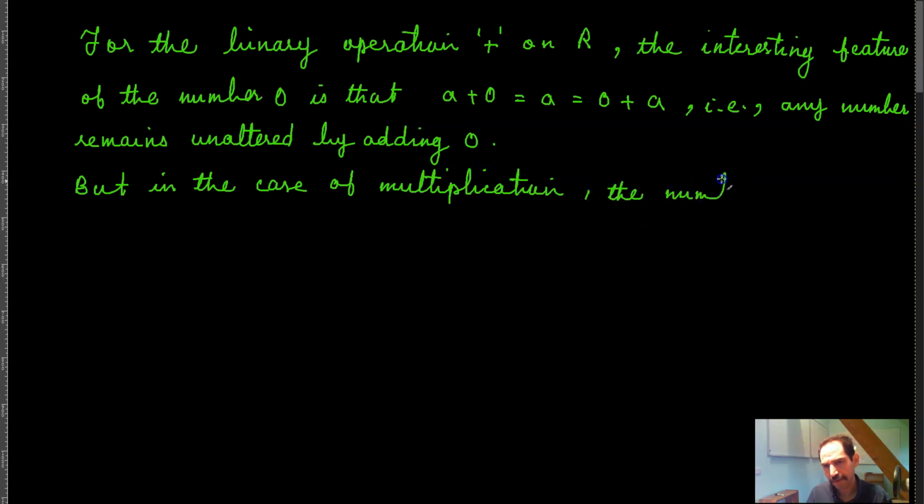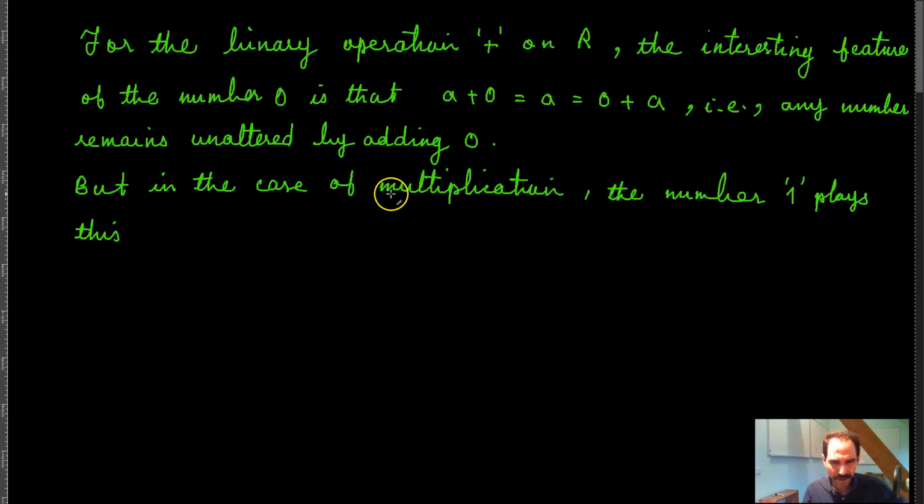Instead of 0, we have the number 1. Meaning that 0 is what we called the identity of addition, and even the identity of subtraction, if I'm not mistaken.